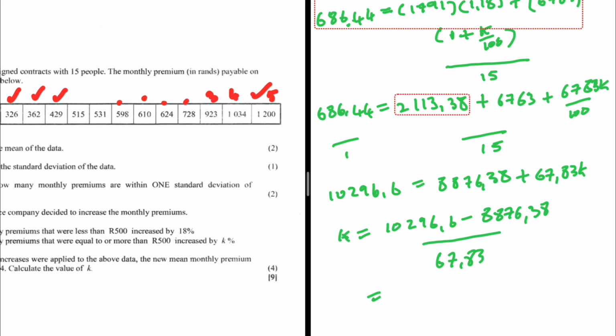Oh, I forgot to divide. 10296.6 minus 8876.38, divided by 67.83. I'm getting 20.94.